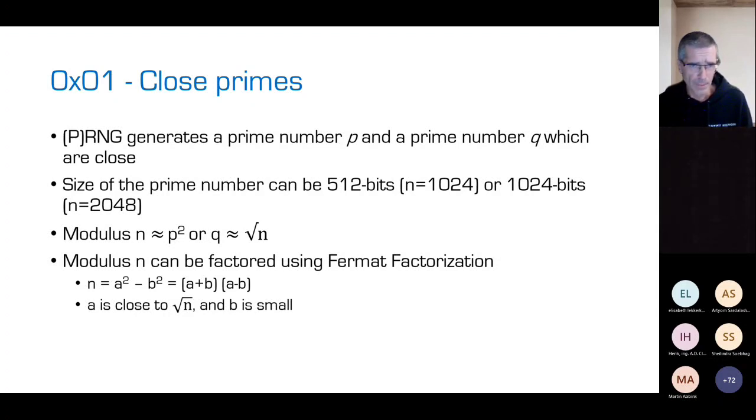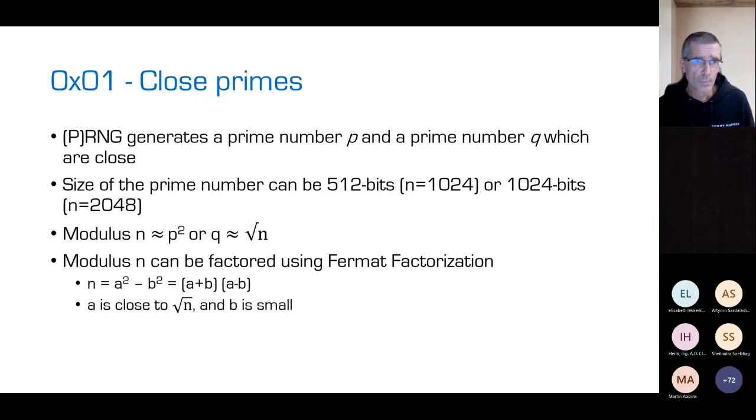The size of the prime numbers can be 512 bits or 1024 bits, or maybe higher. That is also a possibility. But when you factor a modulus of 2048 bits, it can take some time when the numbers are very high.